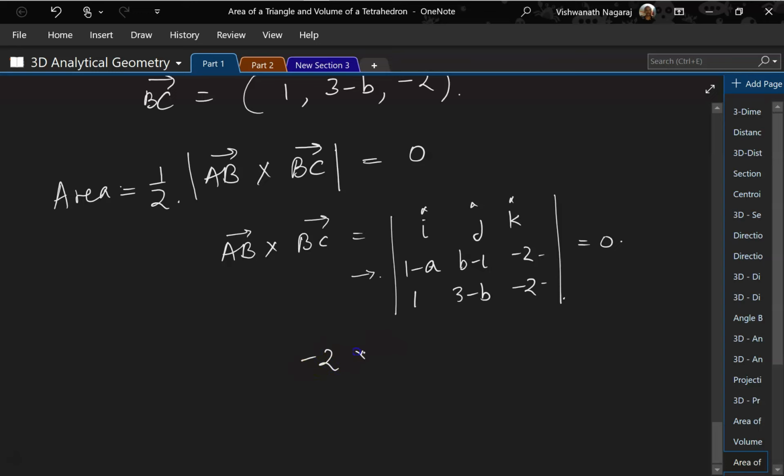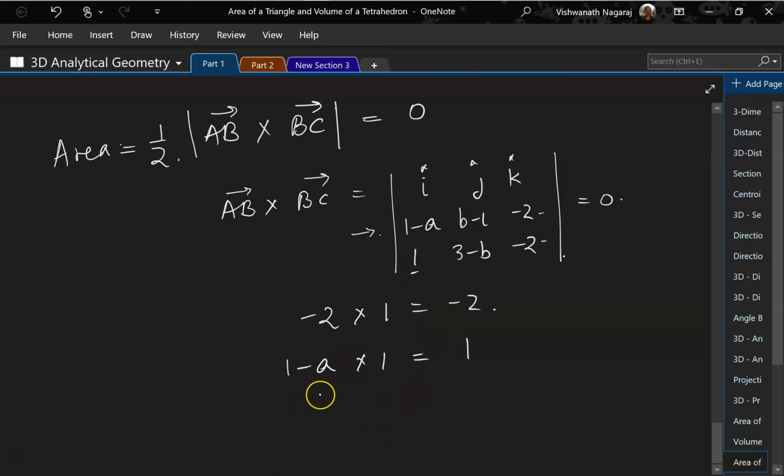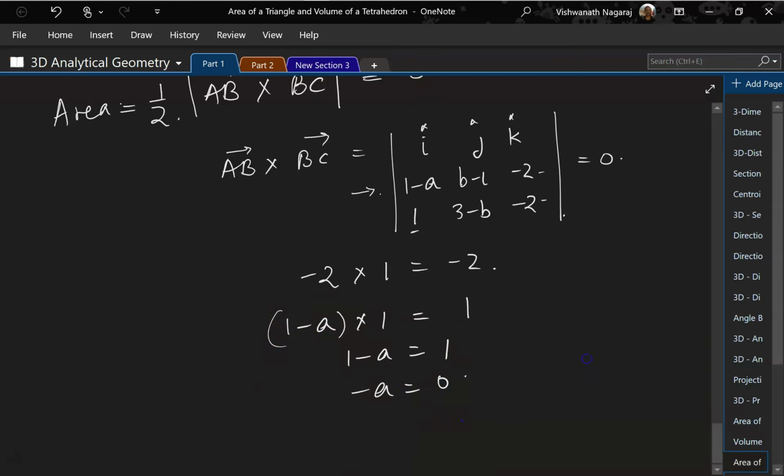So minus 2 times 1 is equal to minus 2, right? So similarly what we'll do is (1 minus a) times 1 is equal to 1, this one, right? So this would be what? This would be actually bracket. So 1 minus a equal to 1, minus a is equal to 0. That means a is equal to 0. Then this also has to be a multiple.